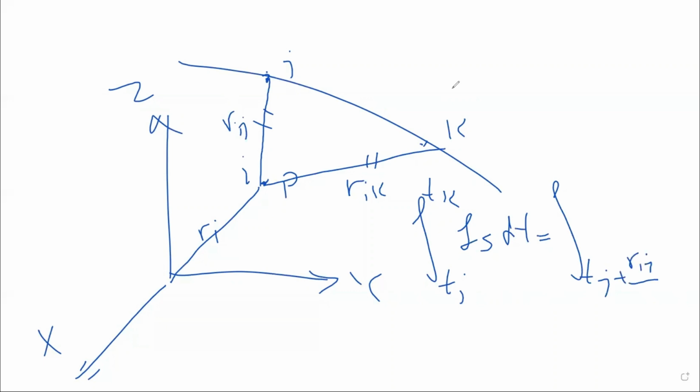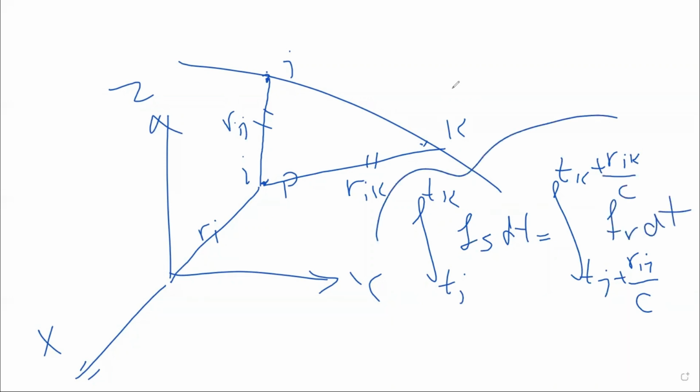So it will be C and it will be Tk plus the time that it has arrived and the frequency has been received at the receiver. So that's the point. This condition should be fulfilled.